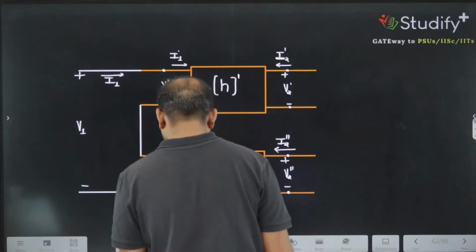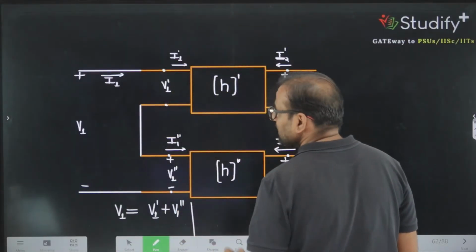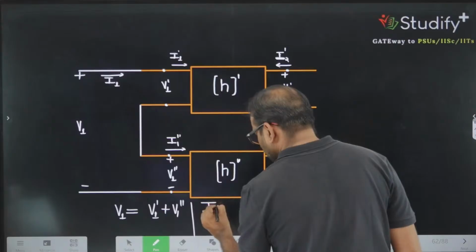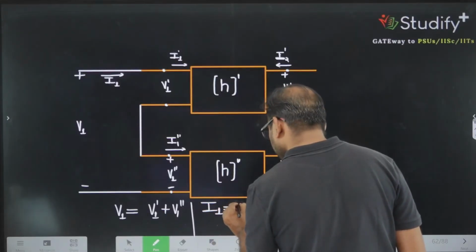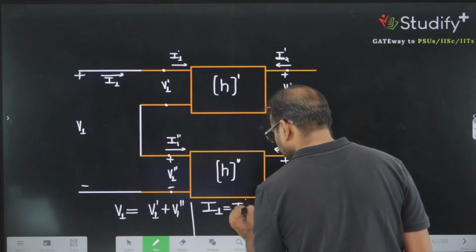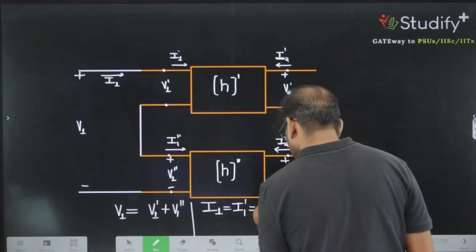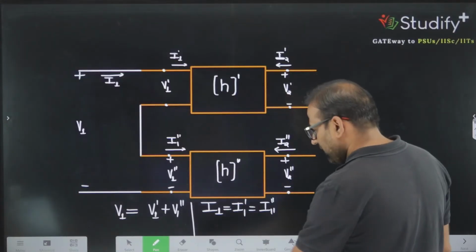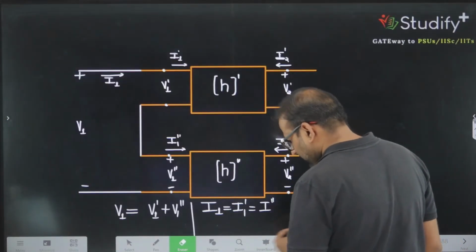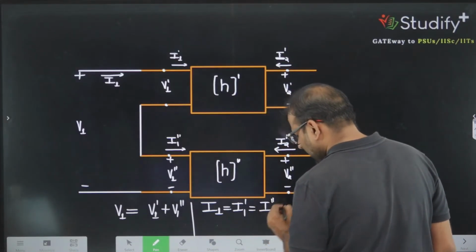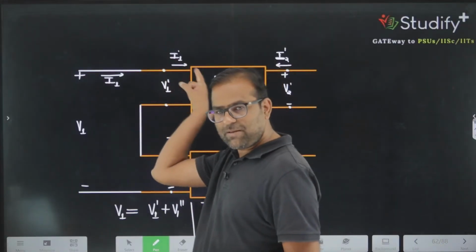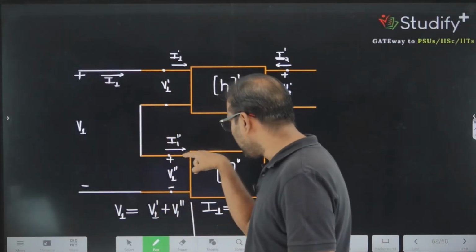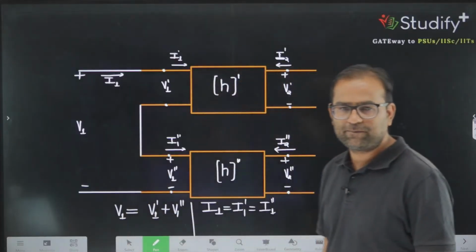So in this case, I1 is equivalent to I1 prime is equivalent to I1 double prime. All currents are equal because the same current will enter here, the same current will come out from here, the same current will enter here, the same current will come out from here.